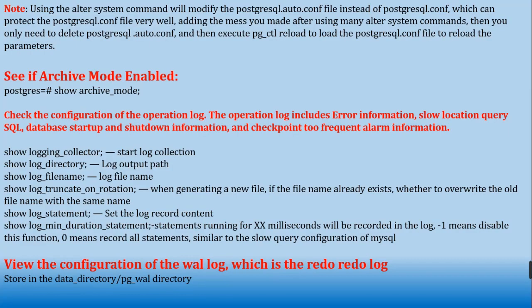So log_min_duration_statement. Statements running longer than the set milliseconds will be recorded in the log. -1 means disable this function. 0 means record all statements, similar to the slow query configuration of MySQL.